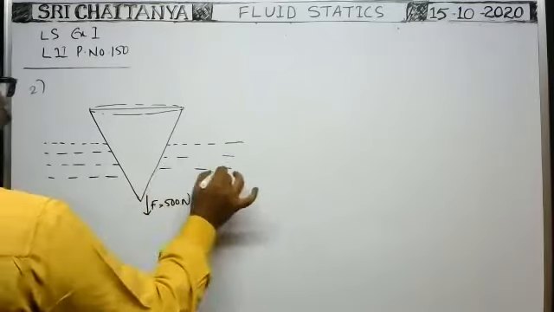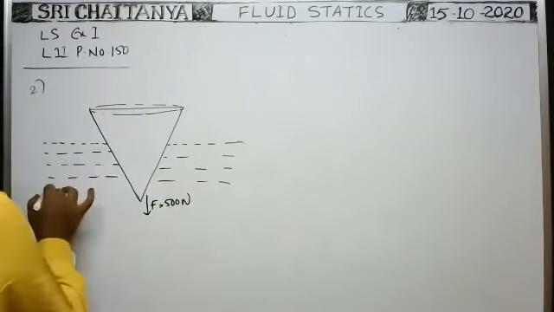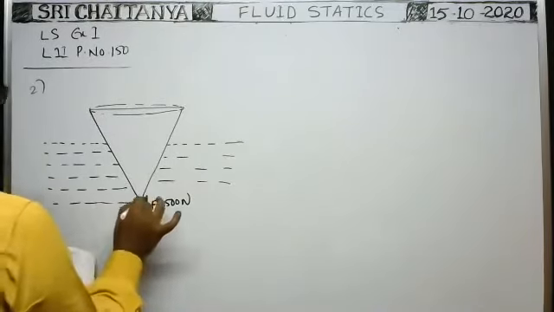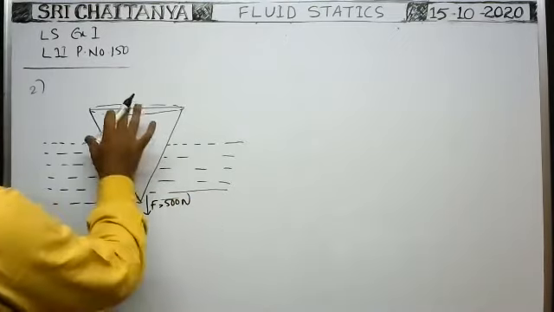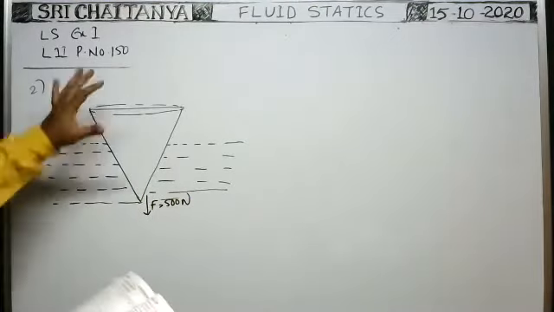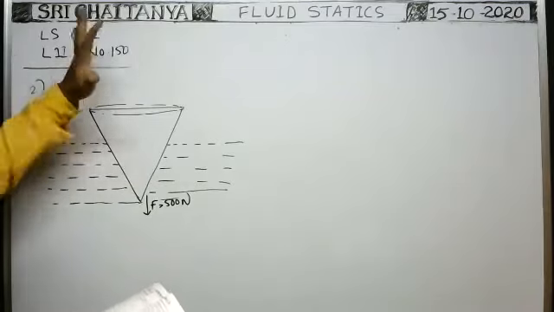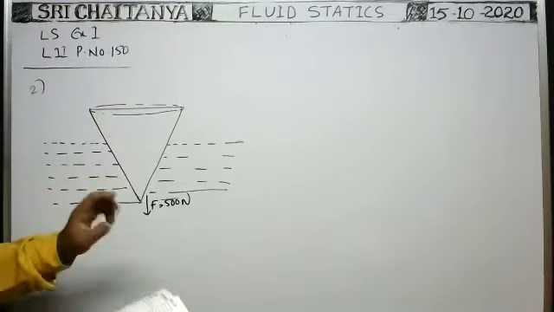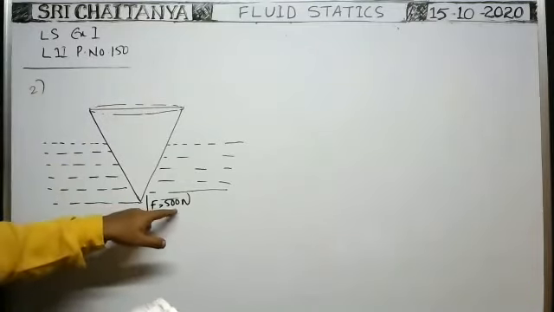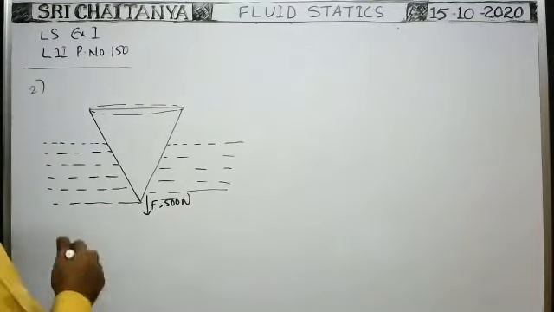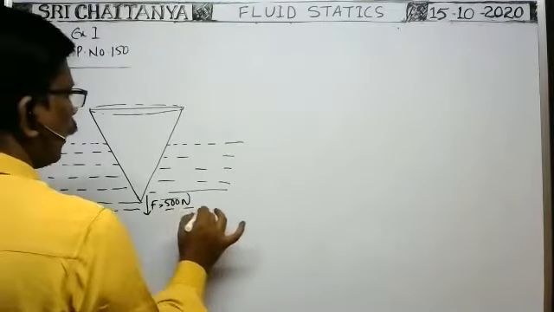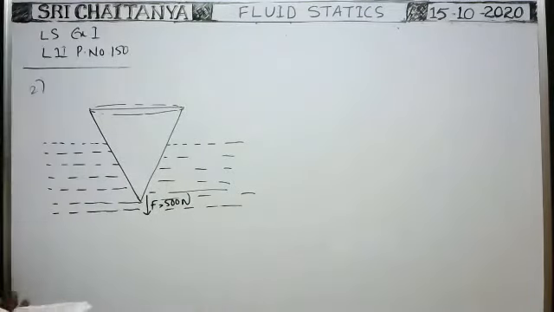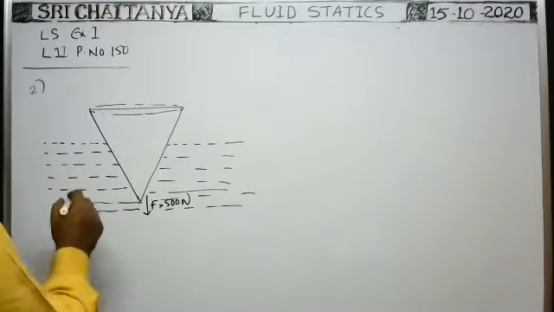By keeping the cone on the surface of the water or liquid, as it is a light circular cone, it does not submerge; it floats without any displacement of the water or liquid. But whenever it is pushed down by a force of 500 Newton, definitely it submerges. So up to what depth does it submerge? That is the question.